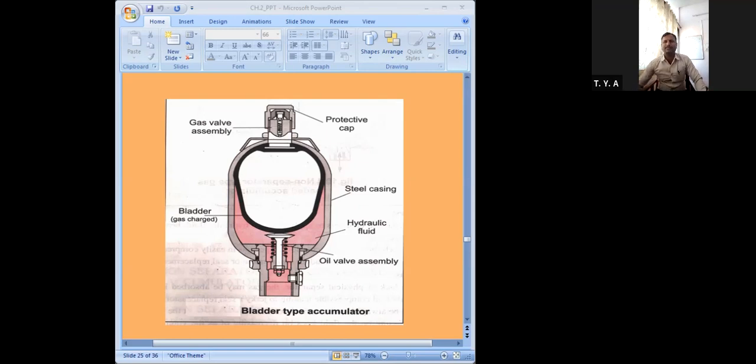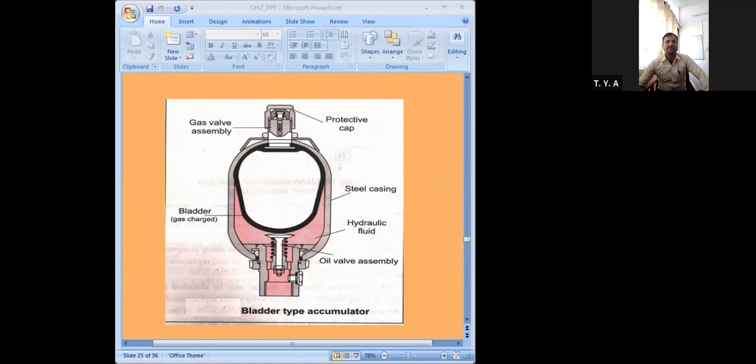It is placed within this accumulator shell, and the balance of this space is filled with oil. Hydraulic oil will come through this oil valve assembly.